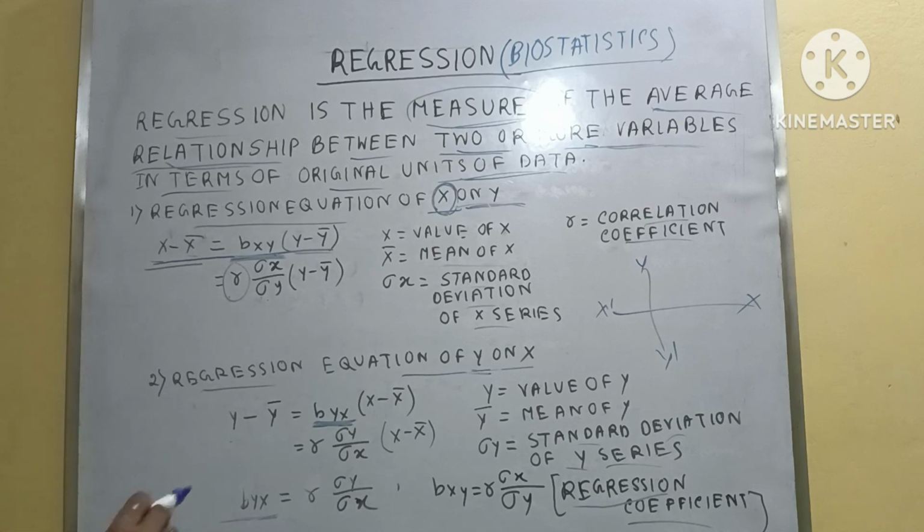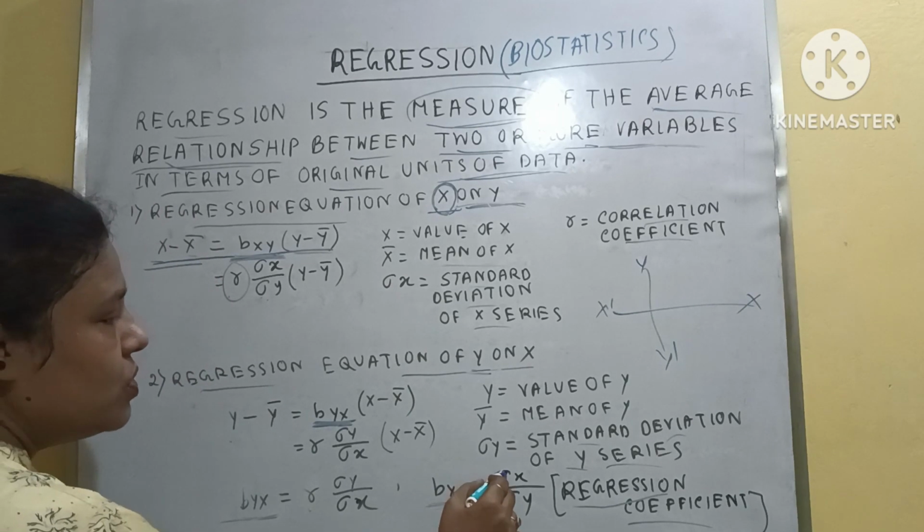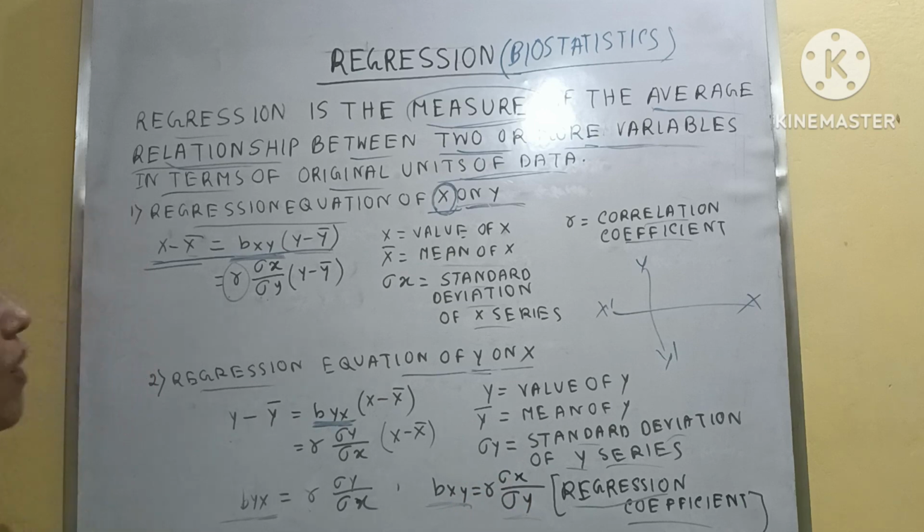Now how do we calculate byx? Byx equals r into sigma y by sigma x, and bxy equals r into sigma x by sigma y. So these are the simple equations for calculating regression.